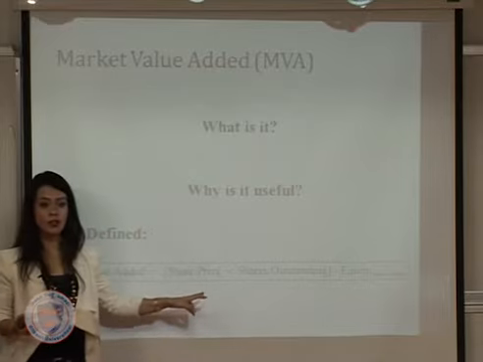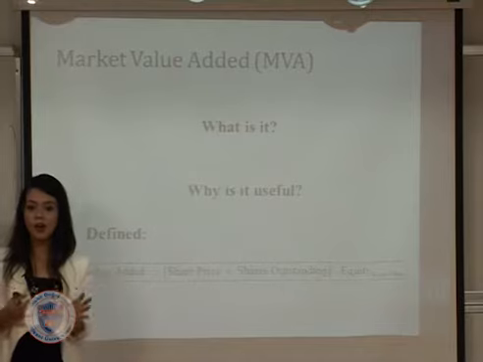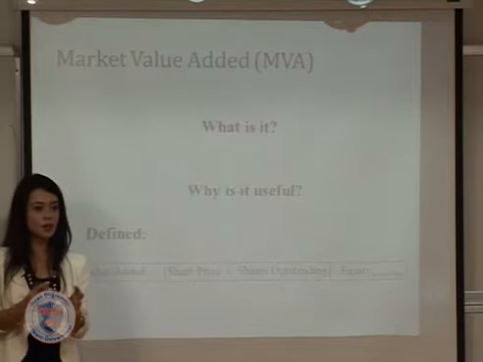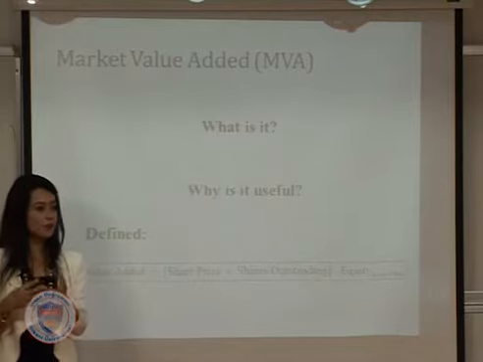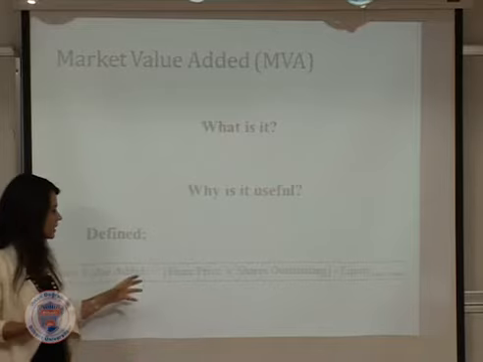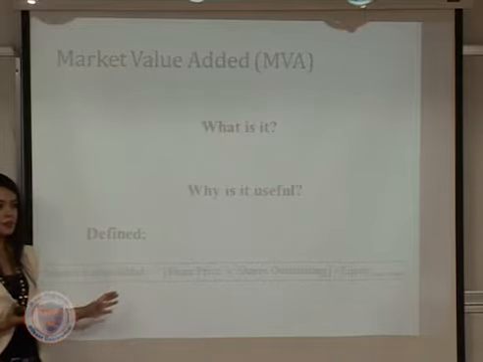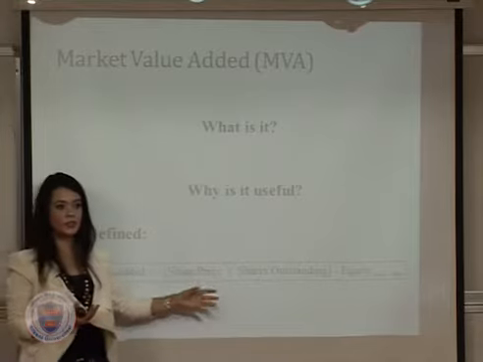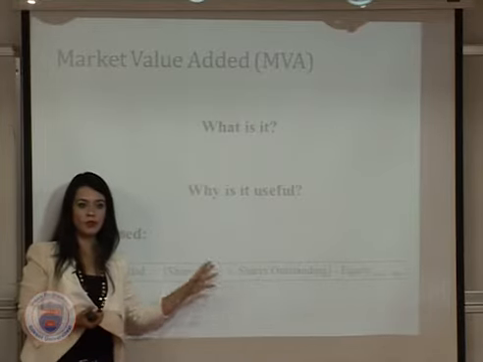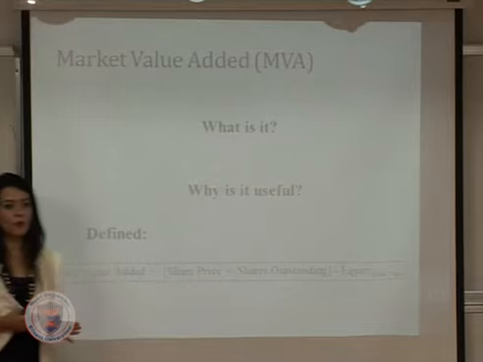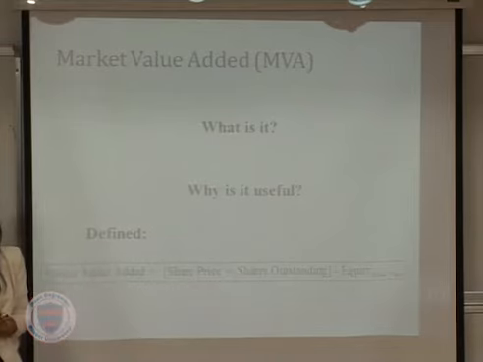Market value of equity, on the other hand, is how investors are seeing the company and what they expect from the future of the company. So basically, market value added, if positive, it means investors are expecting more from the company compared to what they invested in the past. So this is market value added.